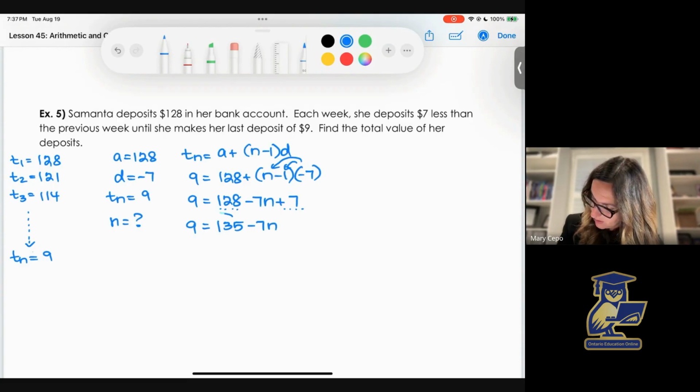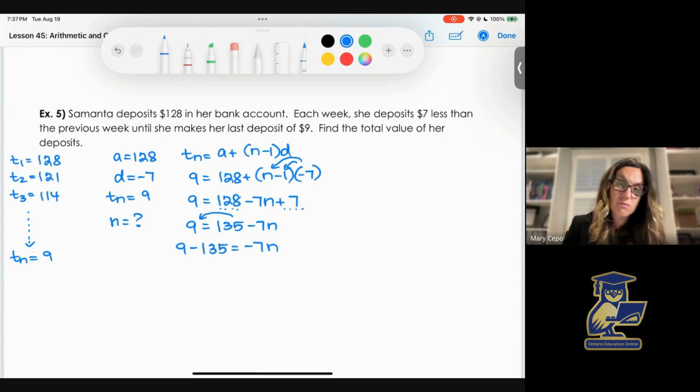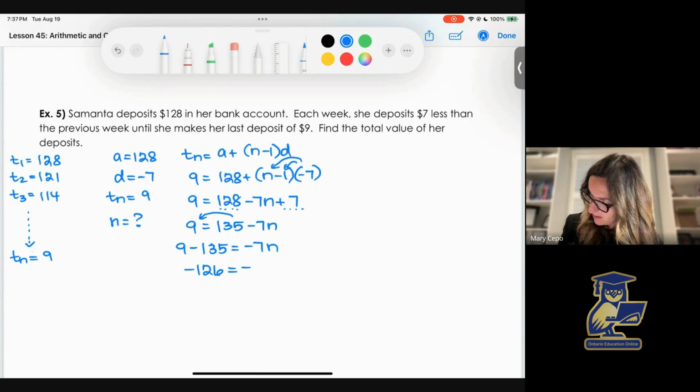I'm going to bring that 135 over, so 9 minus 135 is equal to negative 7n. 9 minus 135 is negative 126. We need n by itself, so we know n is equal to 18.